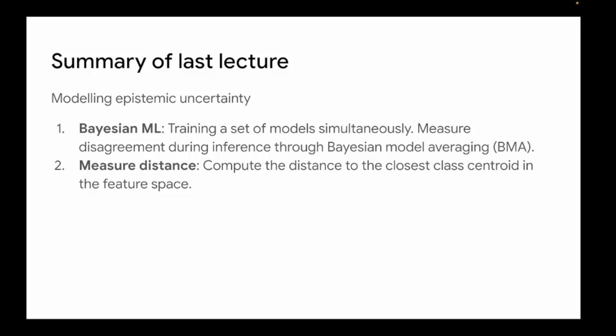And let's get started with the main material of today's lecture. Last week, we talked about epistemic uncertainty. We talked about Bayesian machine learning based approaches where we get a set of models that are all solving the training set nicely, and which are supposed to be disagreeing or diverse on out of distribution samples.